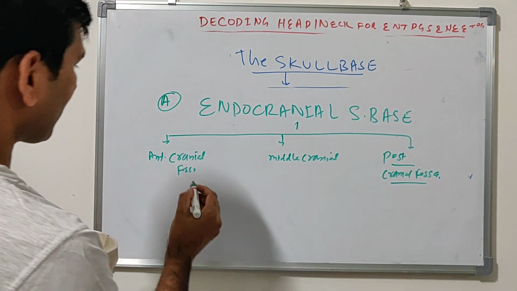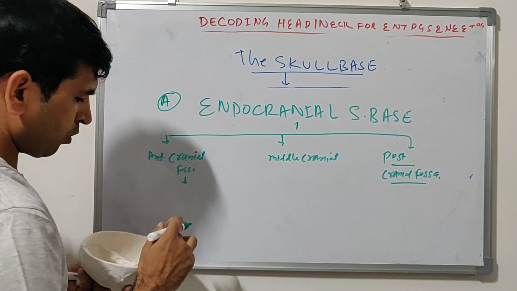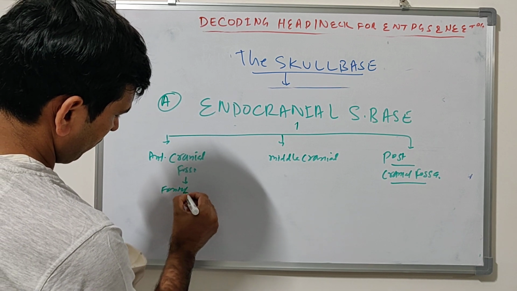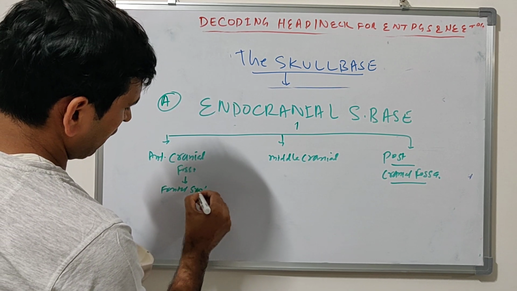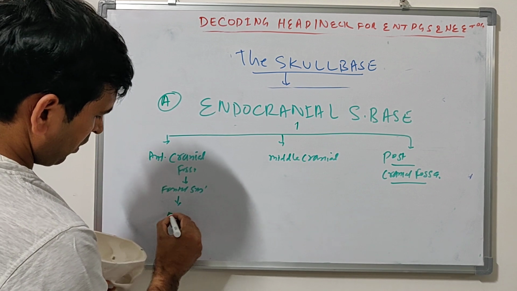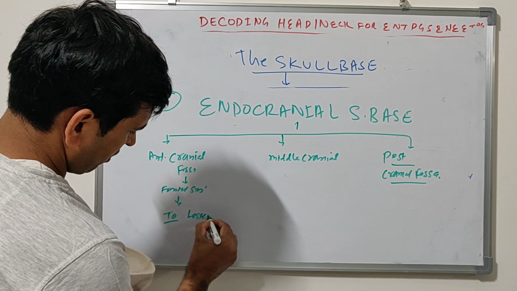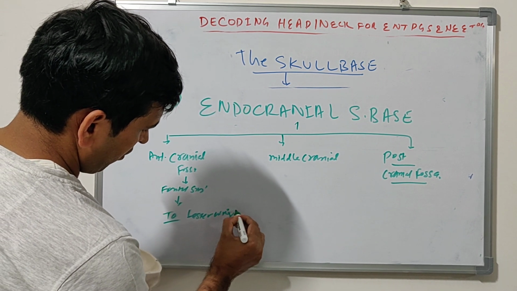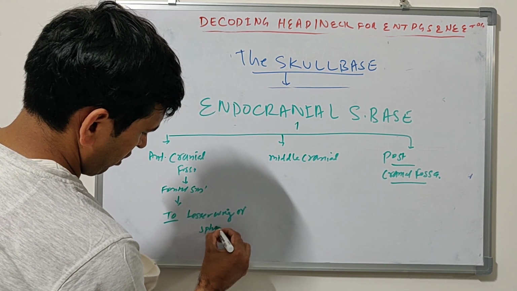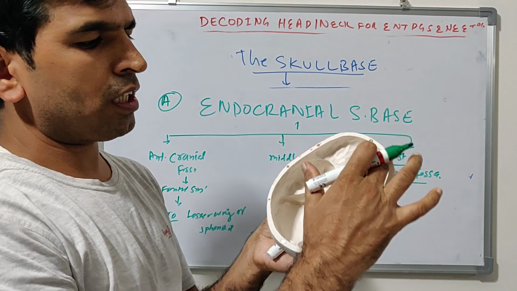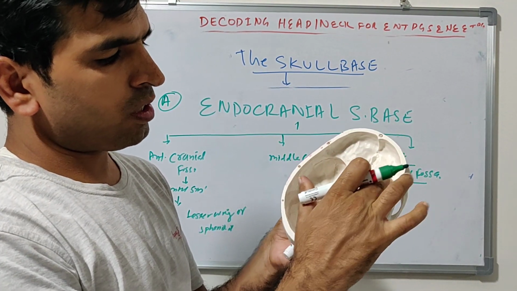Now the anterior cranial fossa extends from the posterior level of the frontal sinus to the lesser wing of the sphenoid.